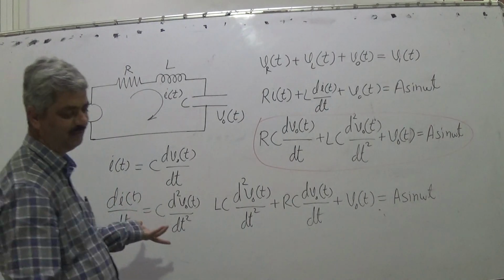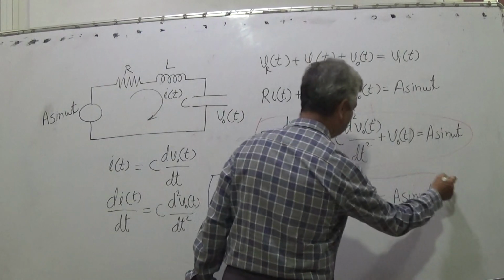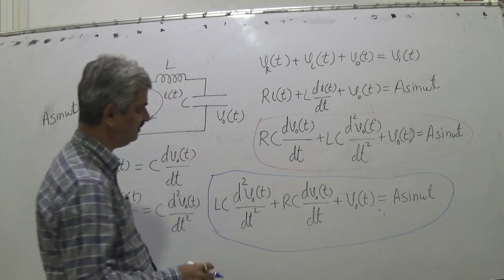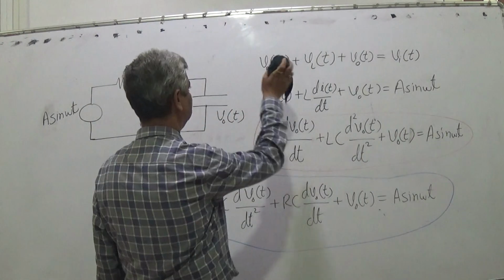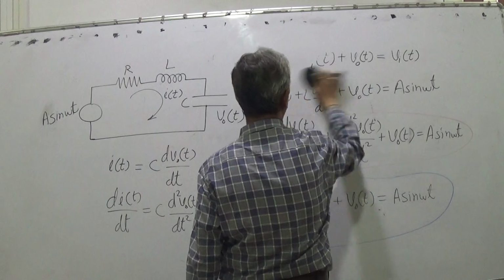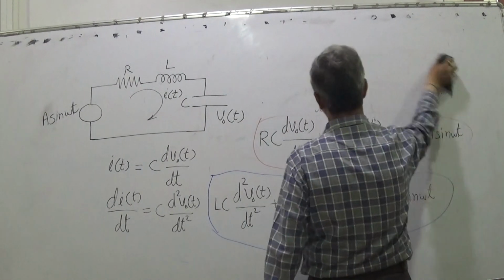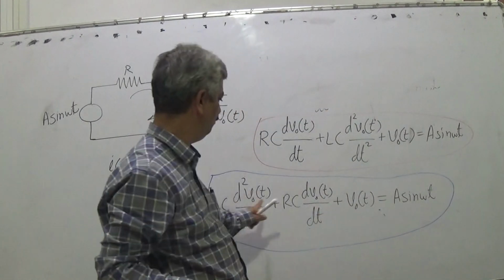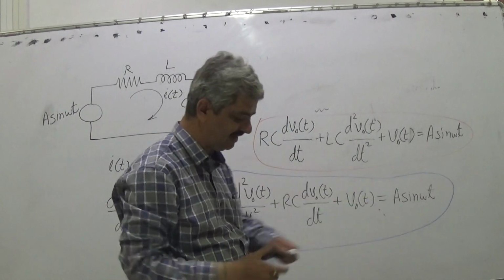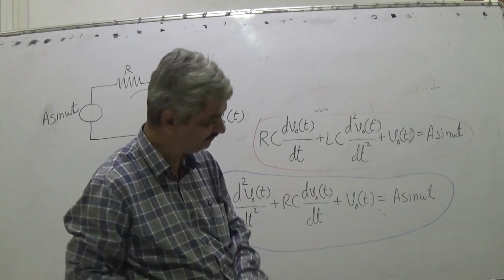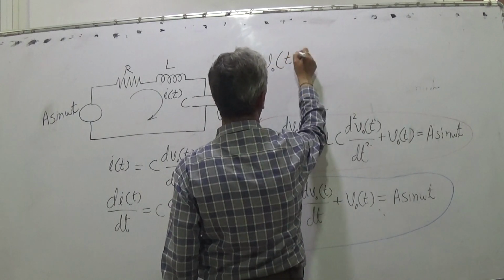Now what would be Vo(t)? How do we solve this differential equation? One very simple hint: when the equation has Vo, its derivatives and a sine on the right side, the answer is of the same form.